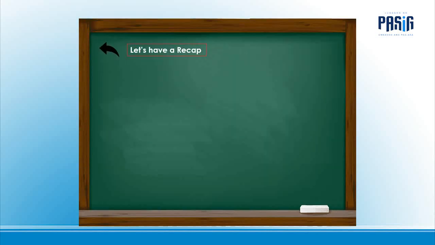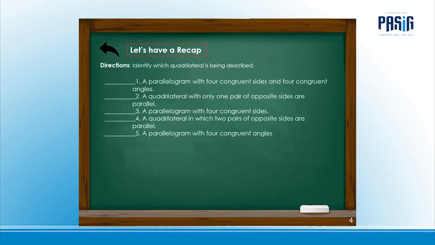Before we proceed to our lesson for today, let us have a recap. Directions. Identify which quadrilateral is being described. Number 1. A parallelogram with 4 congruent sides and 4 congruent angles. Number 2.